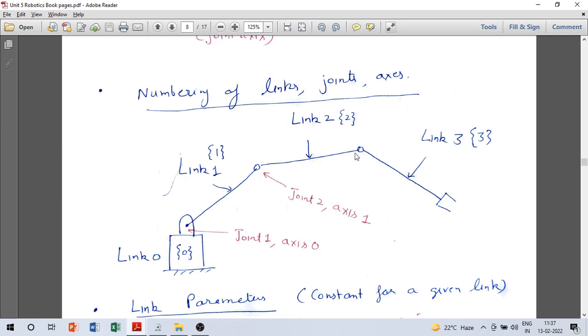So this end here, away from the base, will be called the distal end of link 2. The coordinate frame 2 will not be assigned at this point, but in this region. In this way, at the distal end of link i, you are going to assign coordinate frame i.